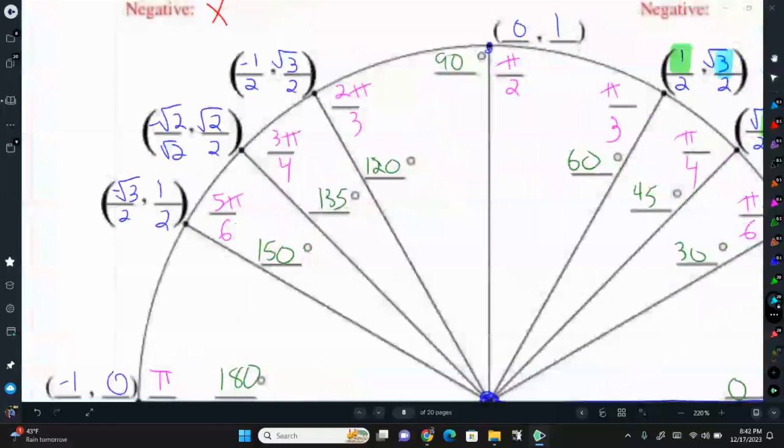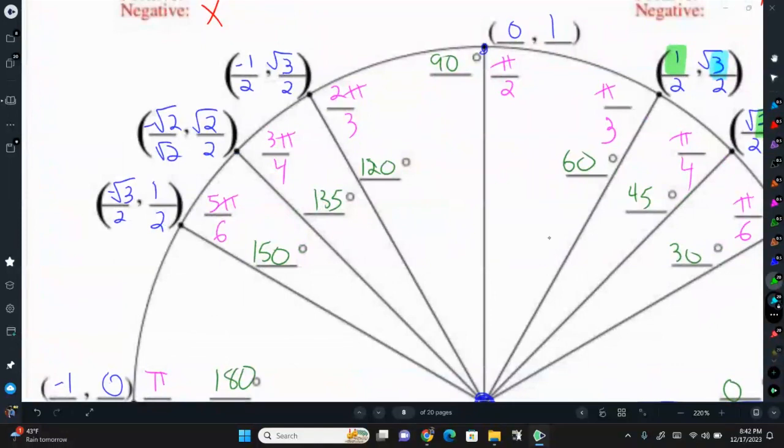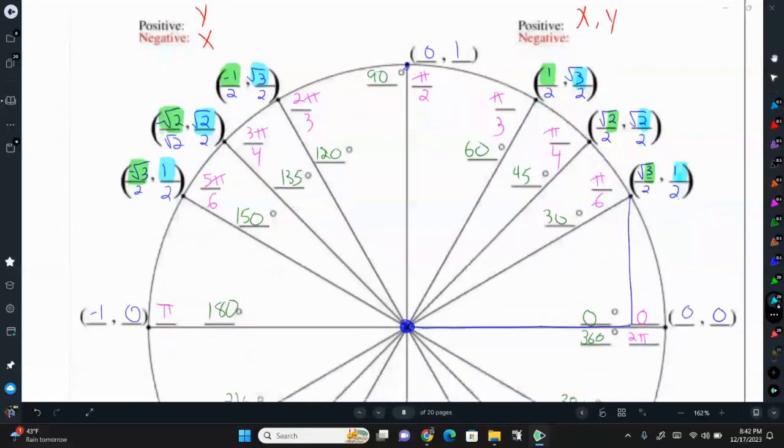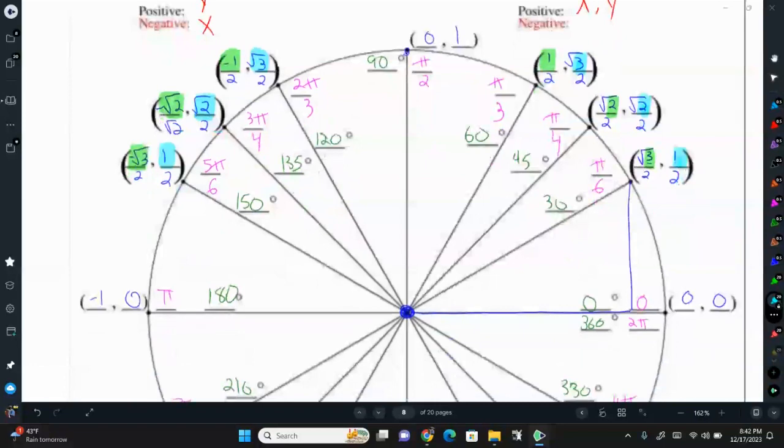So my x values go 1, square root of 2, square root of 3, and the y values square root of 3, square root of 2, square root of 1, which is 1. So that's one of the ways that if you can just get your first quadrant down, that will allow you to figure out everything else a lot easier. But memorizing that first quadrant is absolutely essential.